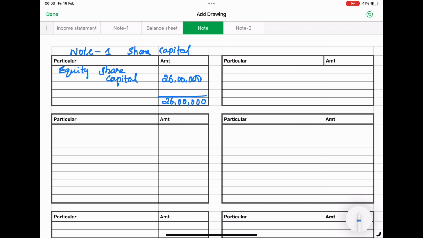Next, note 2, reserves and surplus. I am writing in short form. Under reserves and surplus, general reserves they have given us 30,000.